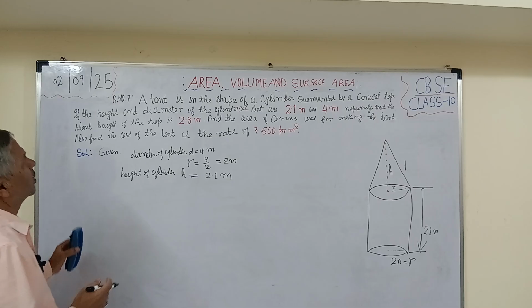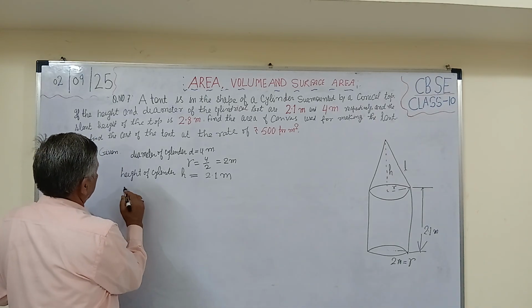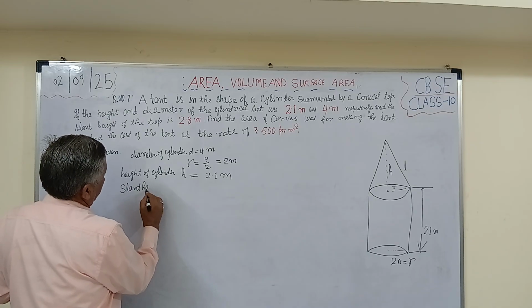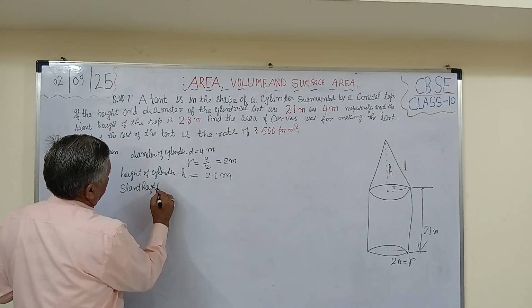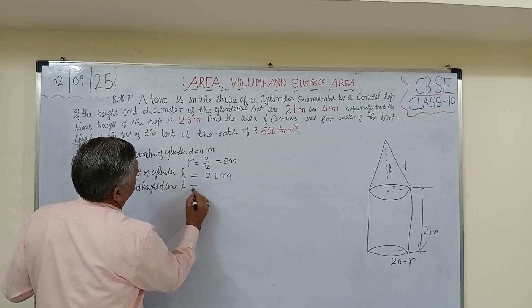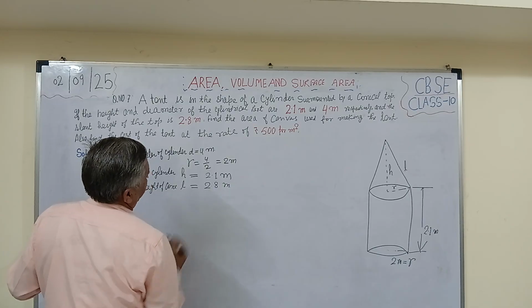And the slant height of cone, that is small l, is 2.8 meter.